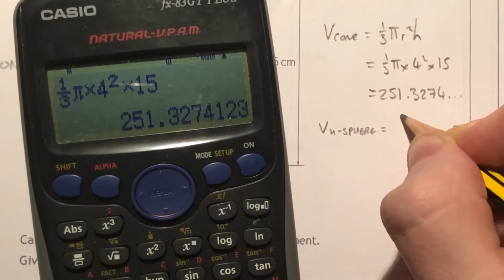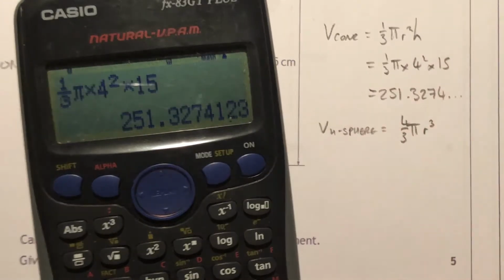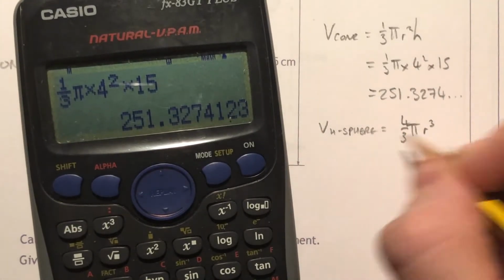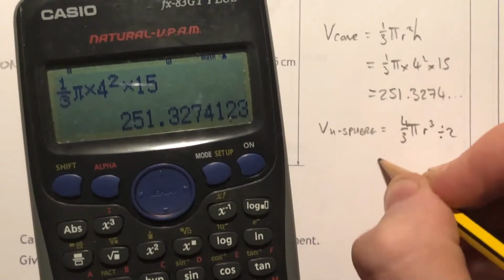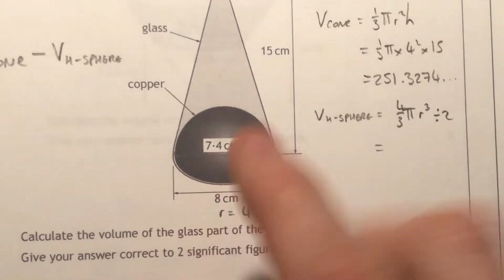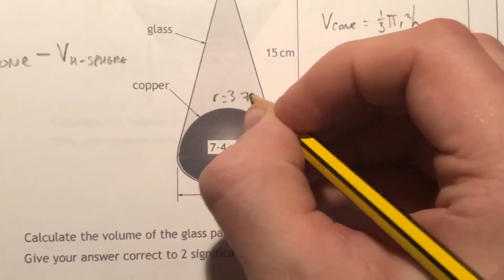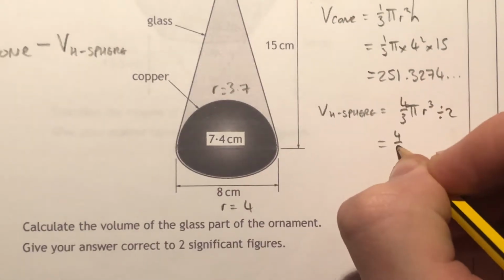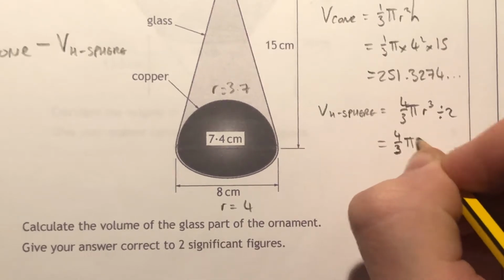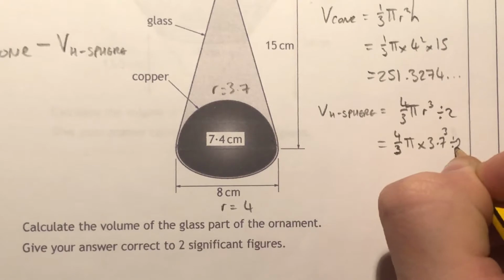Well, I know that the sphere is 4/3 pi r cubed. I remember from the video when we looked at the sphere, if it's a hemisphere, we have to divide that by 2, okay? Now, we're told that the diameter was 7.4, so my radius here is going to be half of 7.4, so 3.7. So it's going to be 4/3 times pi times 3.7 cubed divided by 2.